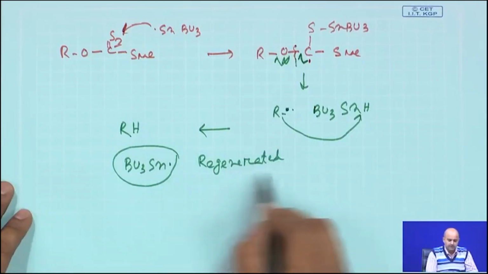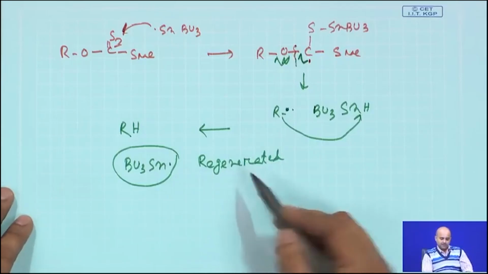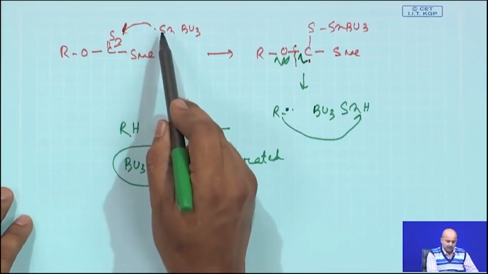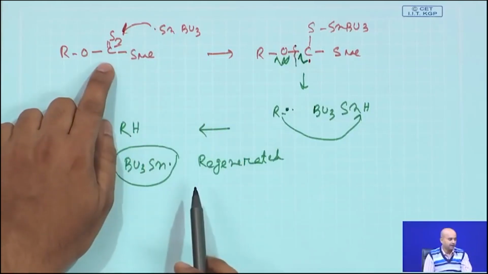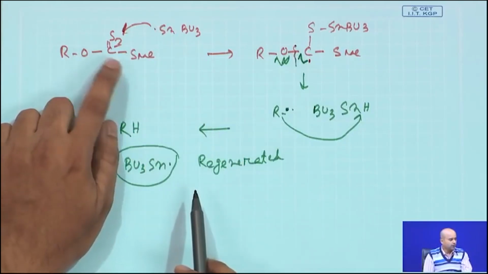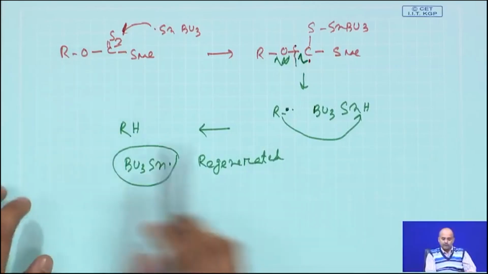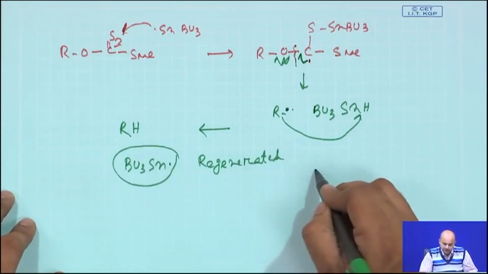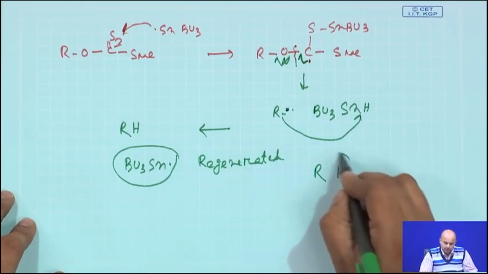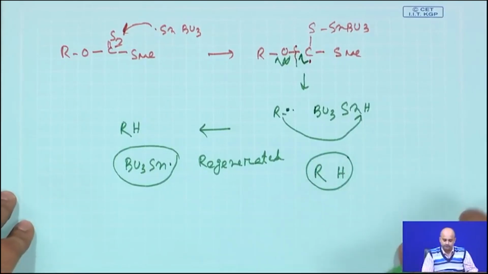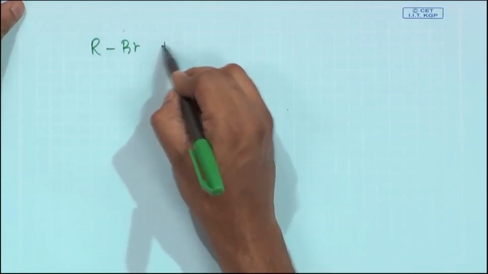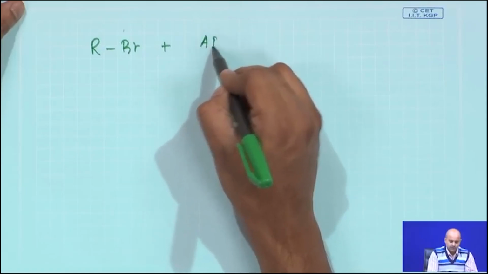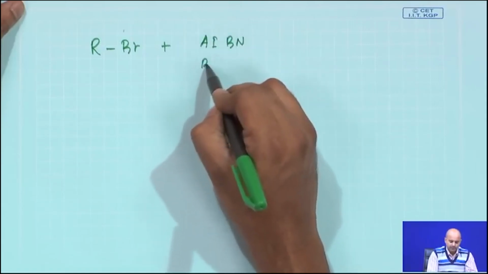Now, once this is regenerated, it can again attack this xanthate. This way the whole process goes on, and finally deoxygenation takes place to give your hydrocarbon. In a similar way, as I said, if you have an alkyl bromide, you can react it with AIBN and Bu3SnH.